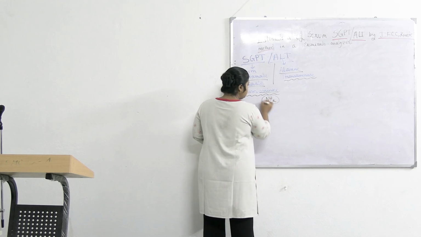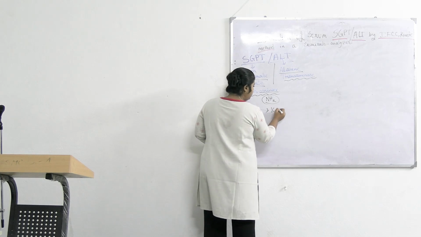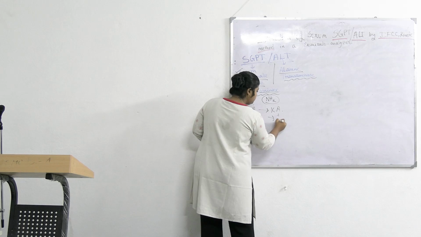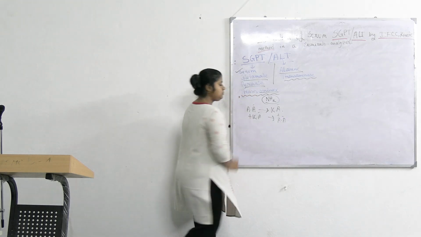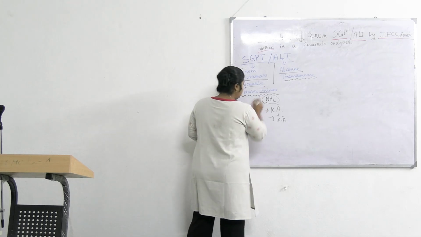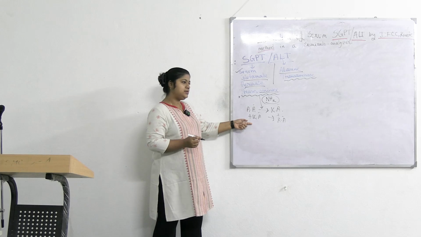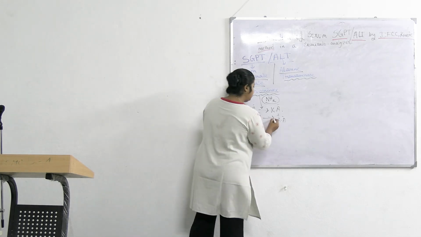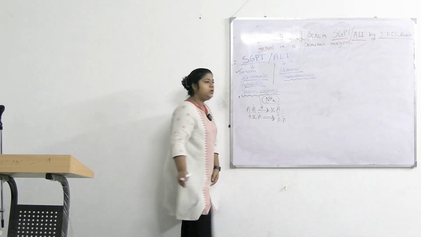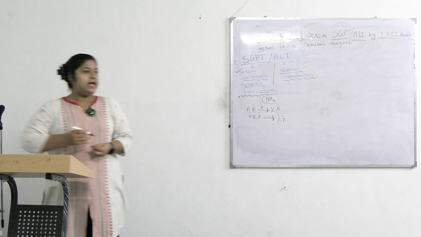NH2 group is transferred from an amino acid to a keto acid, and that keto acid will be converted into an amino acid, and subsequently this amino acid will be converted into a keto acid, right?